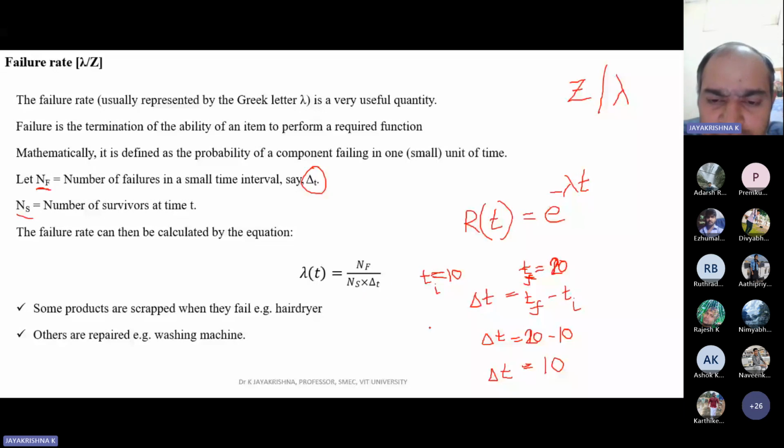In the first case, when t of i is 0 and t of f is 10, delta t is 10. Similarly, when t of i is 10 and t of f is 20, then delta t is 10, because we have just assumed a 10 increment only. But if t of i is equal to 10 and t of f is equal to 30, what will delta t become?